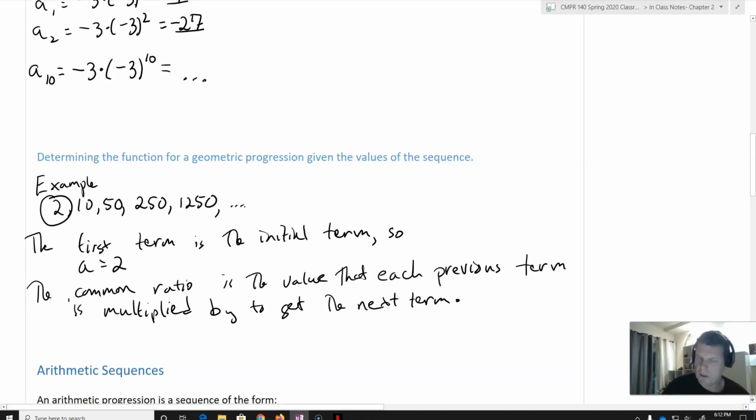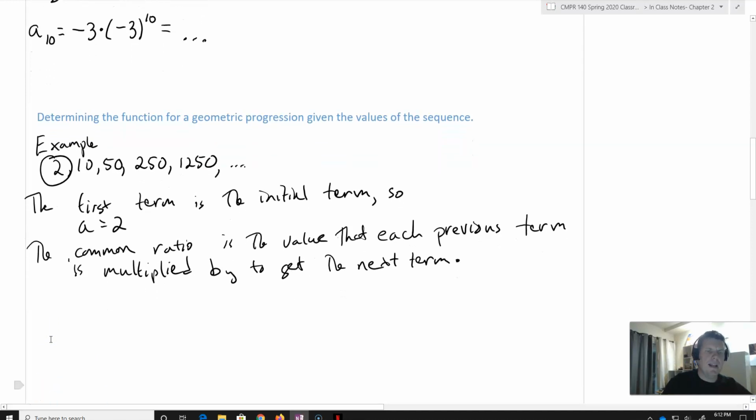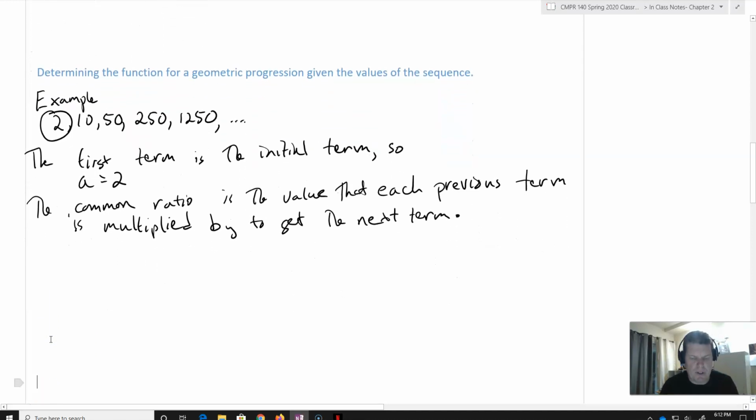So what we're looking at there, for example, in this case, we're going to say, okay, well, we've got A equals 2. That's pretty simple. It's the first term.